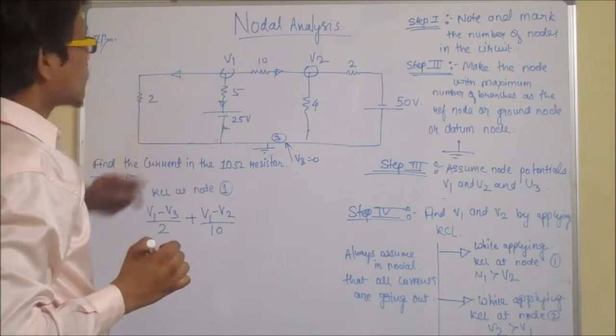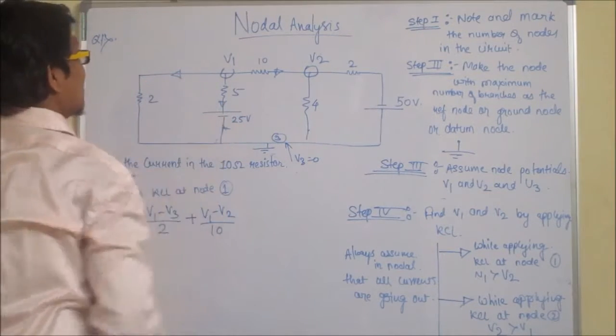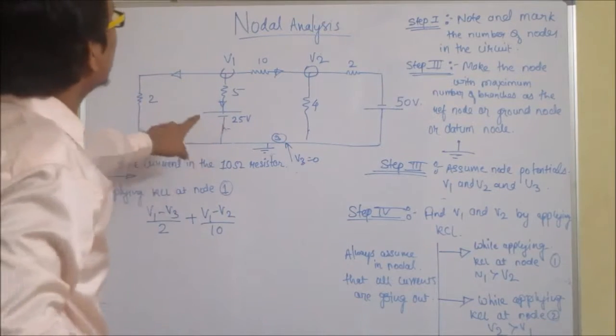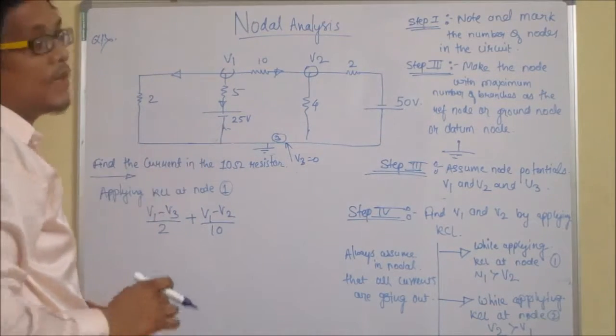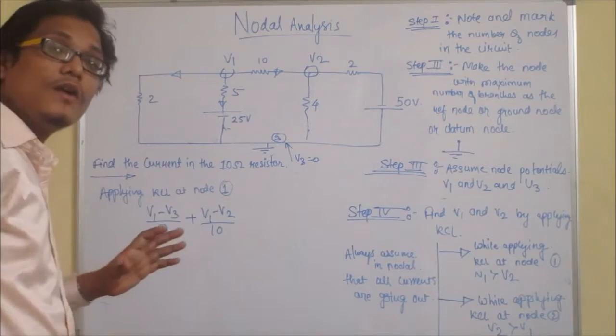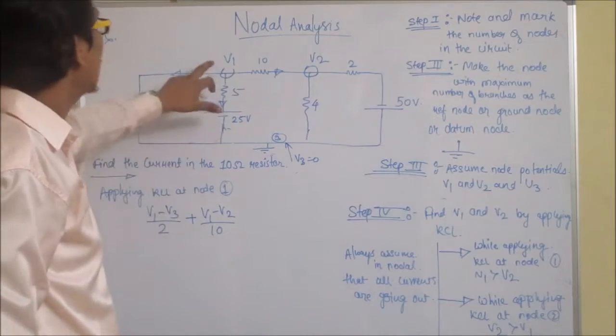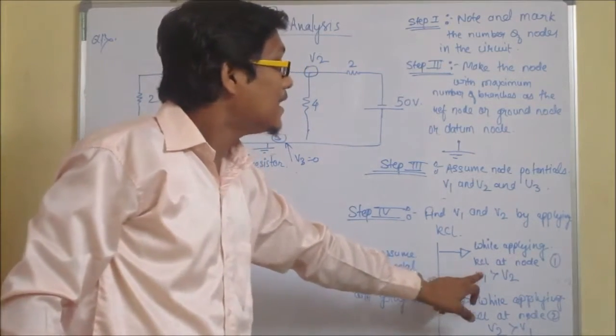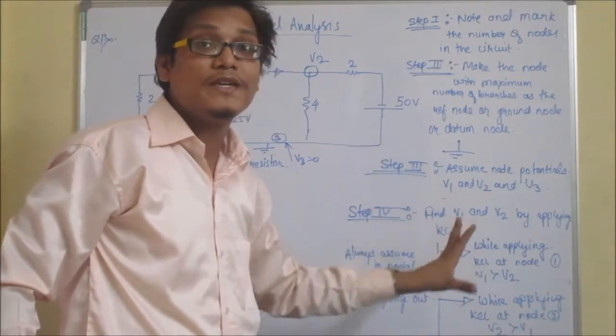Now here there is a big problem. What we will do here? V1 minus or plus? See, always when we talk in terms of nodal voltages, what we have assumed while applying KCL at node 1 is that V1 is always the greatest.